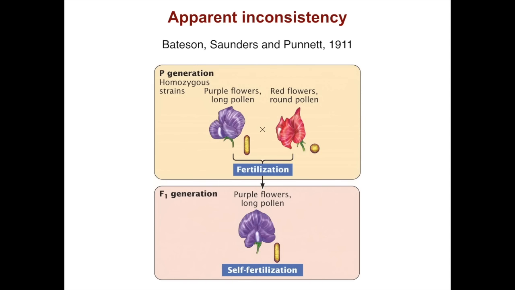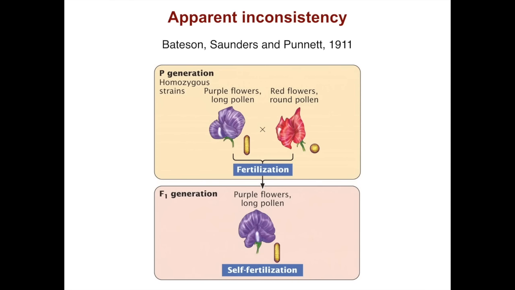They crossed these together and they noticed that they got only purple flowers and long pollen. And so that means that purple flowers and long pollen are the dominant alleles.